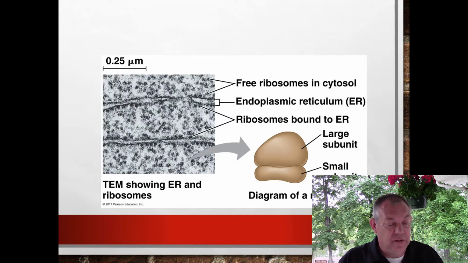And so here is a drawing of a ribosome, and there's a large subunit and a small subunit, and these two are assembled around a piece of mRNA, and then they can translate that mRNA. And it's showing you also just under the microscope what free ribosomes look like and what bound ribosomes look like.